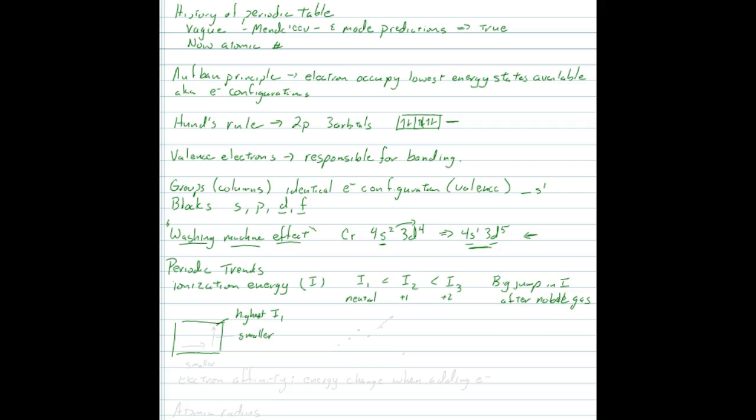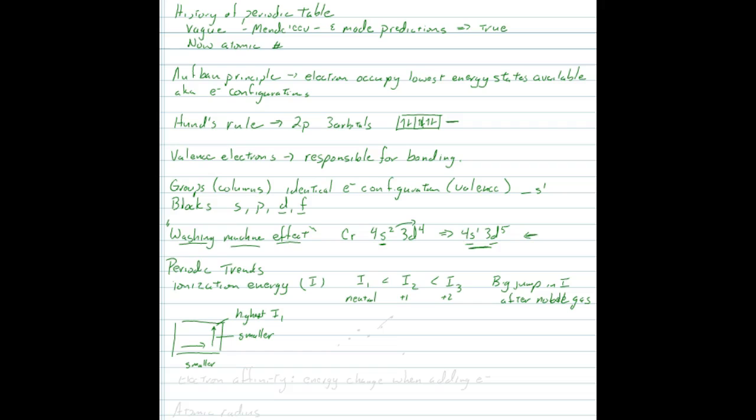That electron is closer to the nucleus, therefore it is held more tightly. So if you go from bottom to top, you get smaller atoms, so it increases. If you go from left to right, the atomic size gets smaller. It gets smaller here because you have more protons in the same volume of the atom.